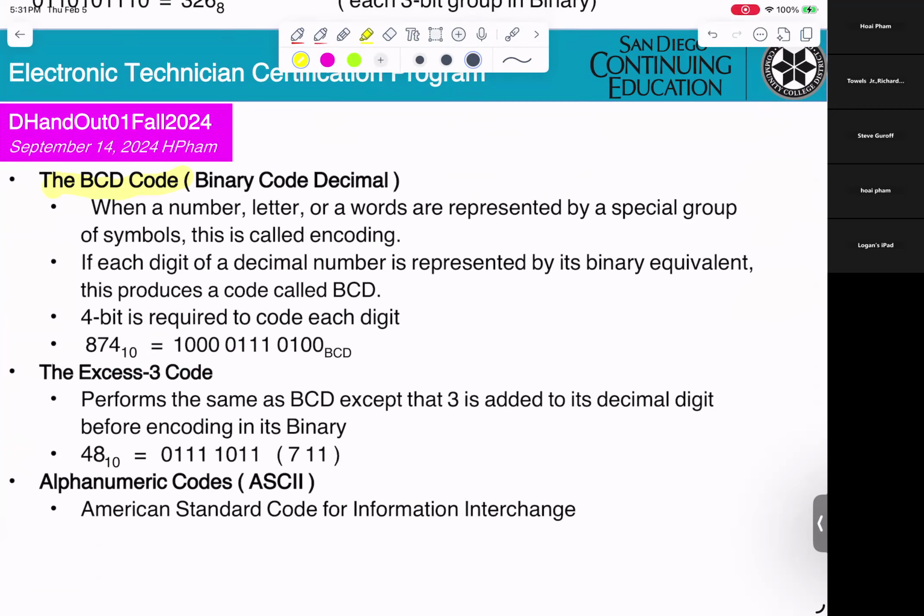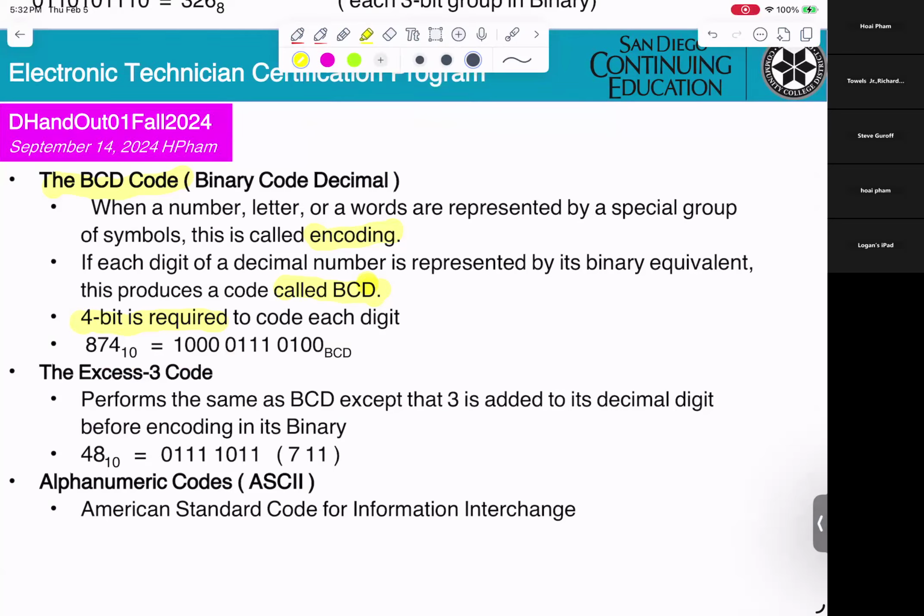When a number, letter, or words are represented by a special group of symbols, this is called encoding. If each digit of a decimal number is represented by its binary equivalent, this produces a code we call BCD, binary coded decimal. 4 bits are required to code each digit.